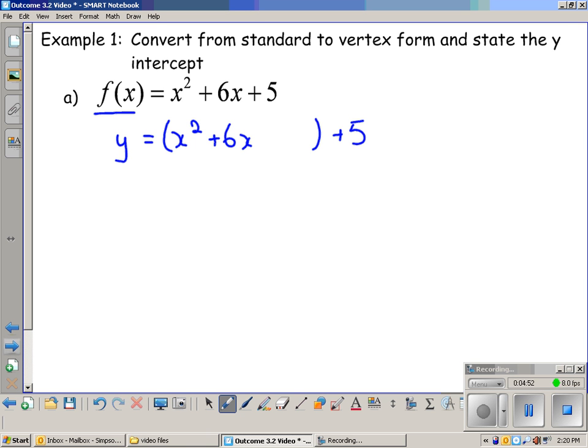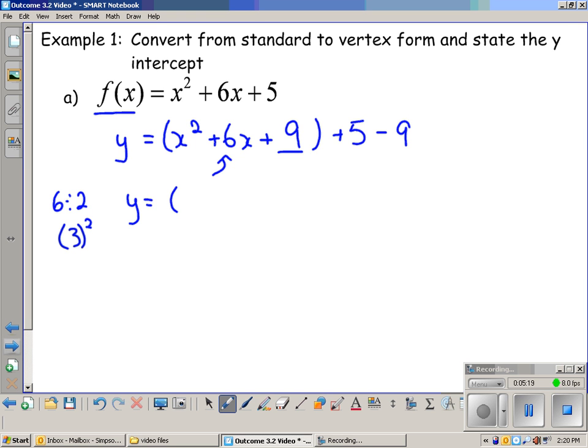To find the term that's going to be added on inside of our bracket, we are going to look at the coefficient of our x term and divide it by 2. 6 divided by 2 is 3. 3 squared is 9. So we're going to add 9 in order to keep our equation equal. We need to also take that 9 away.